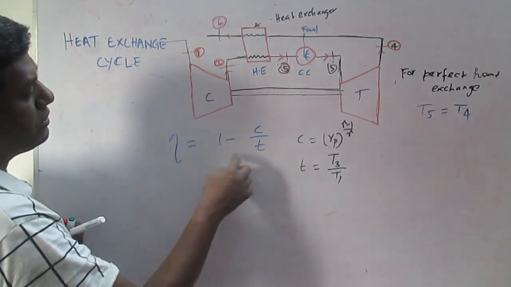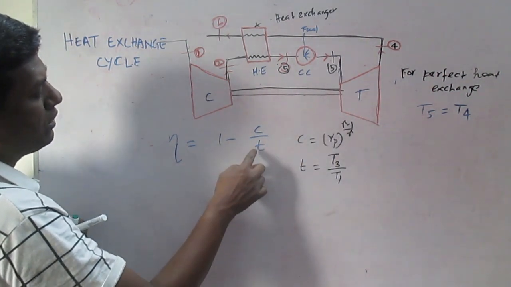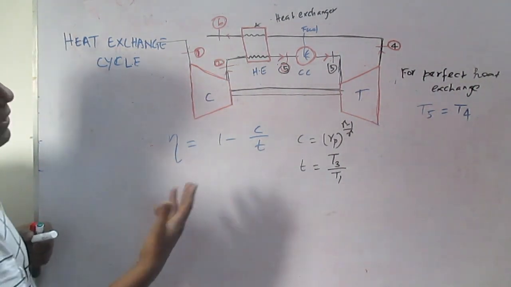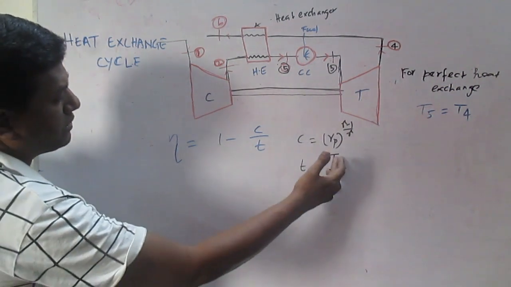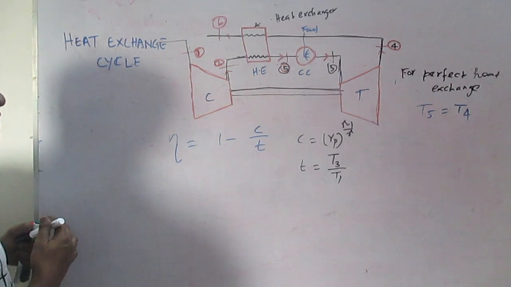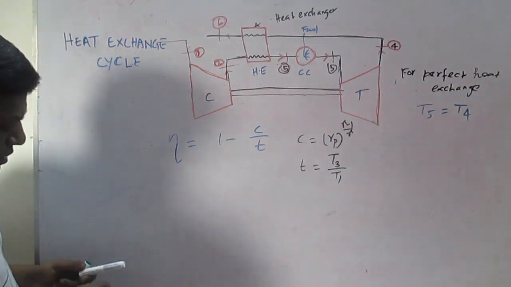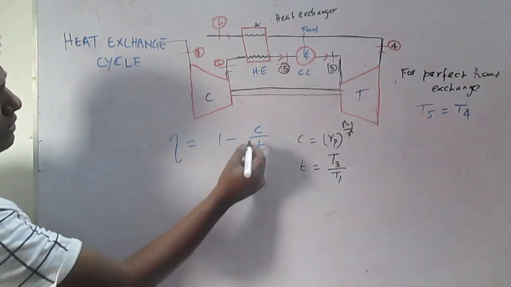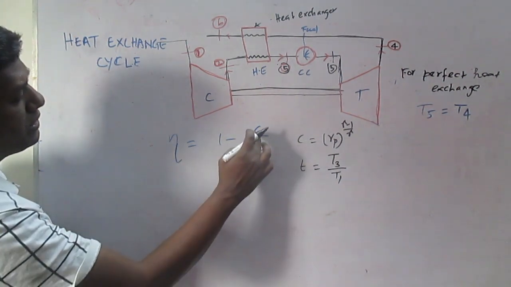That is very important. If the maximum cycle temperature increases or decreases, T also will vary, and based on that the efficiency also will vary. How does it vary? Now let us say that C is fixed.